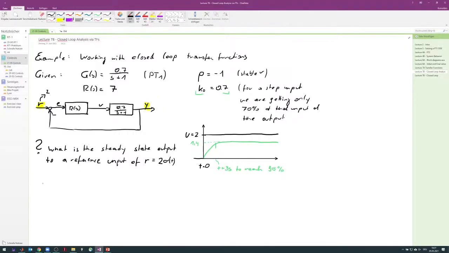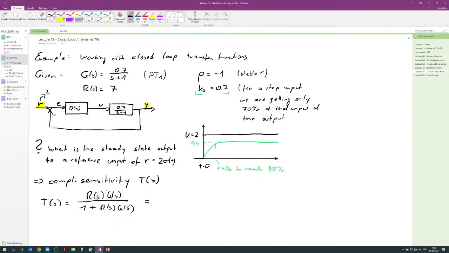We know immediately that this is the complementary sensitivity T of S, and T of S is equal to R of S times G of S over 1 plus R of S times G of S. Now we only need to put in what we have.